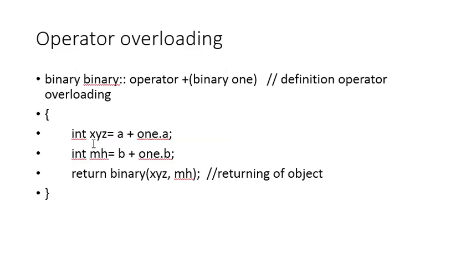So we will simply save the values of a and b to different objects, and here we will return their values, returning the object. These are the values of the objects.